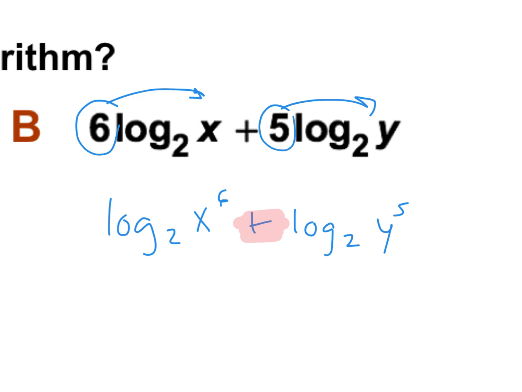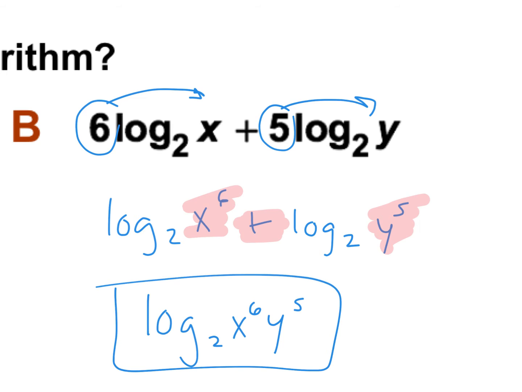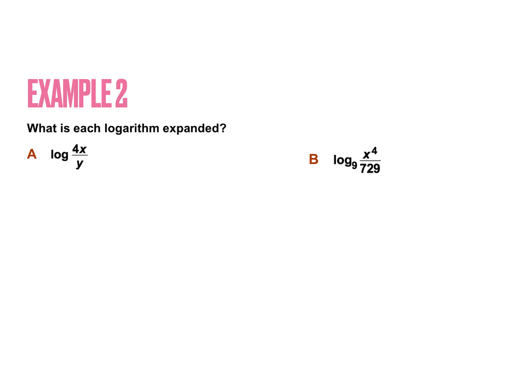Multiplication. So we just take our x to the 6th power and y to the 5th power and multiply them together. So we're going to have log base 2, because that just stays the same, and then we multiply x to the 6th power times y to the 5th power. And that's our answer.